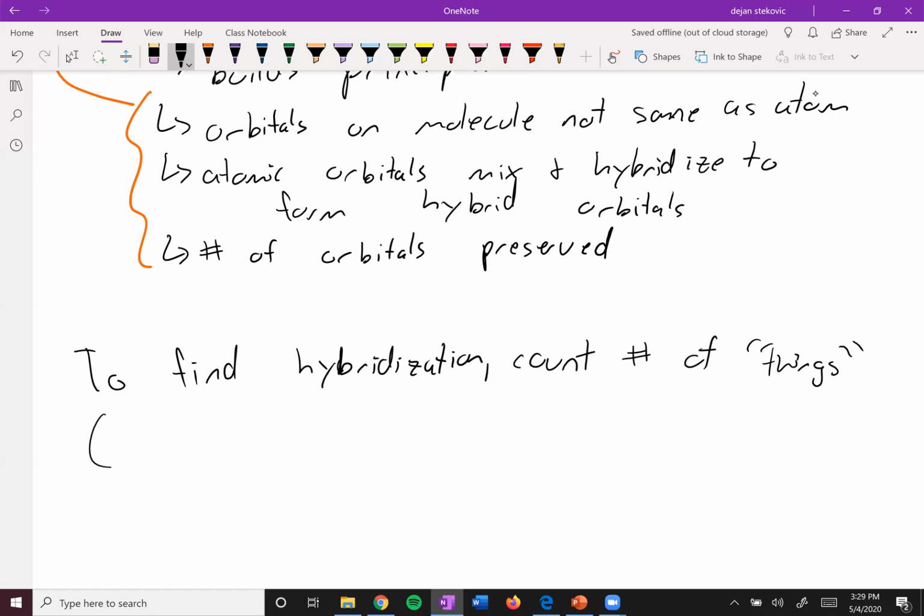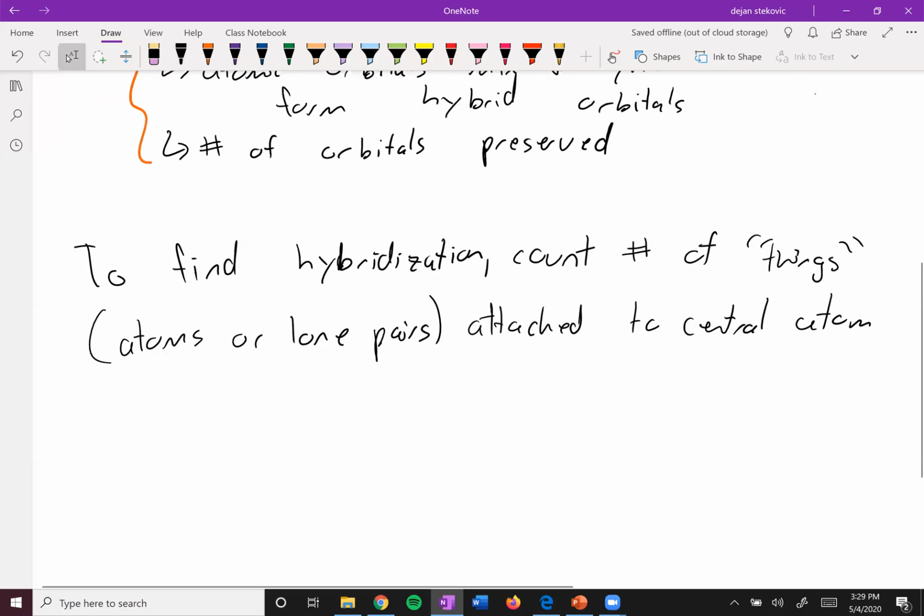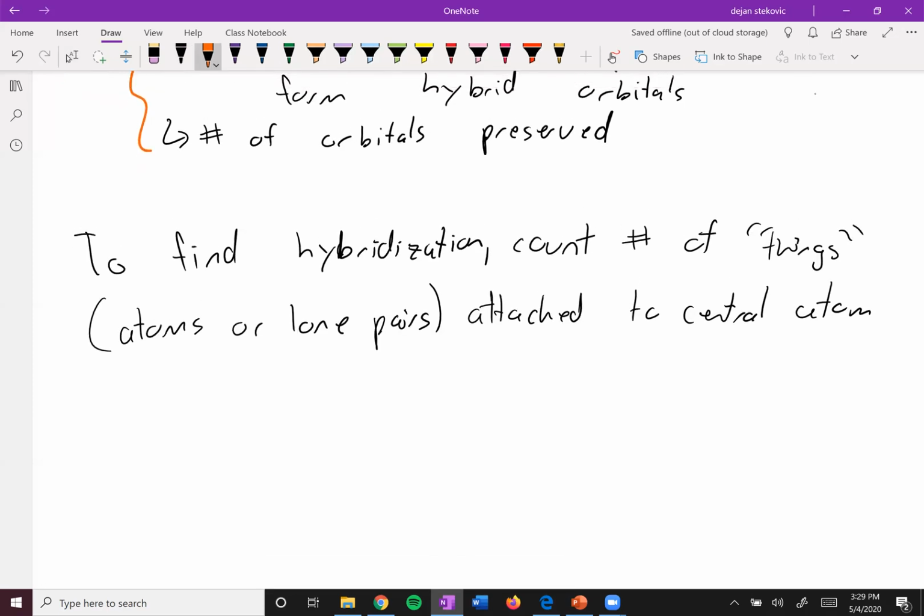And so these things, just like previously, they can be other atoms or lone pairs. However many things we have, that's how many orbitals we're going to hybridize.